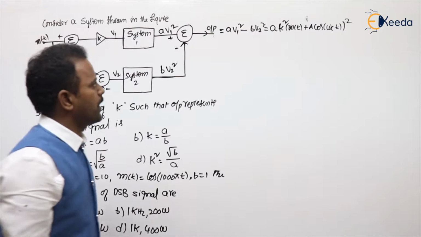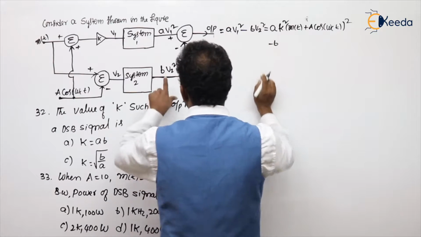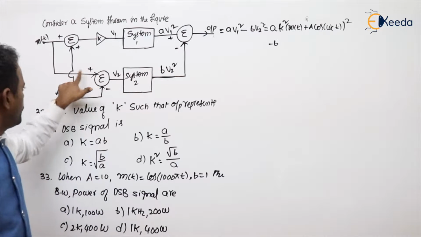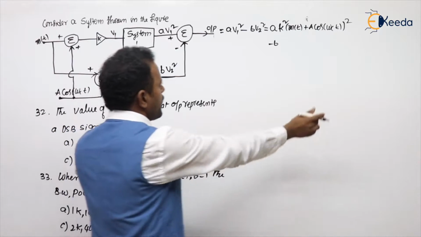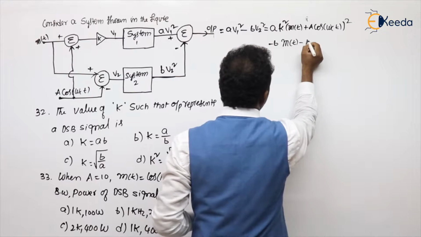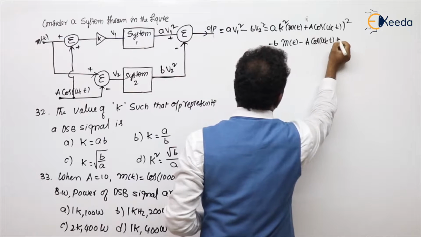Minus B V2 square. What is V2? m of t is positive, but A cos omega ct is negative, so V2 is m of t minus A cos omega ct. Here there is no K factor.